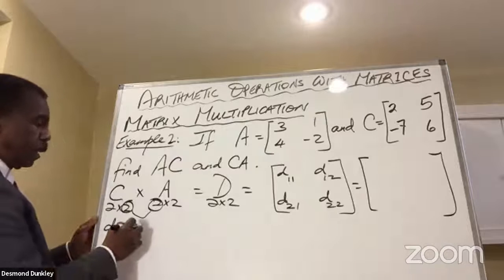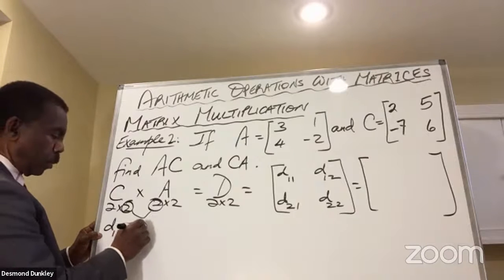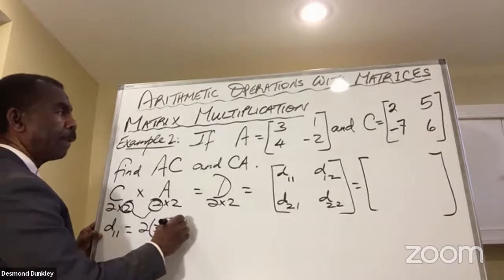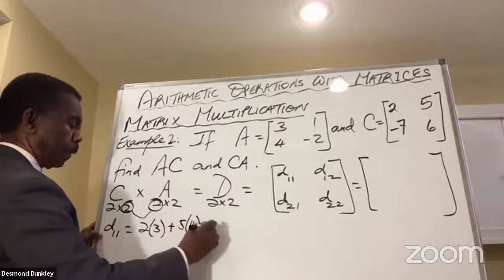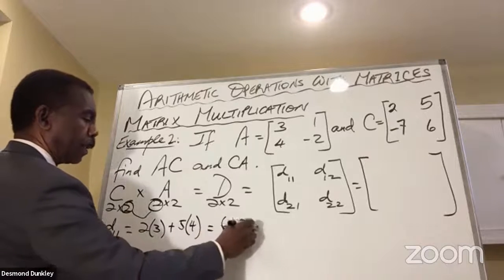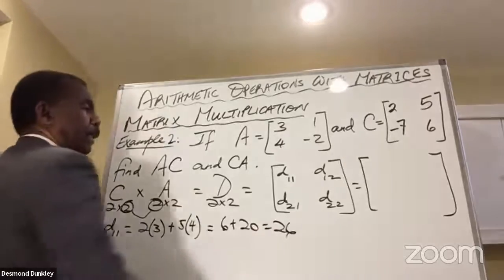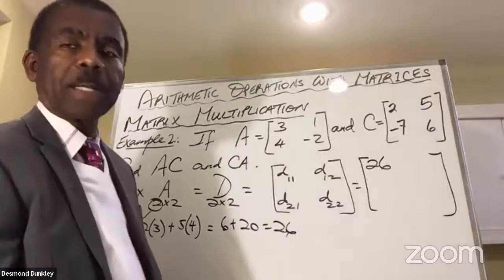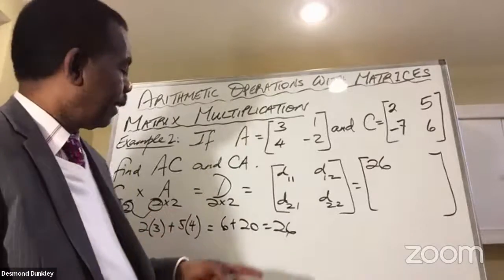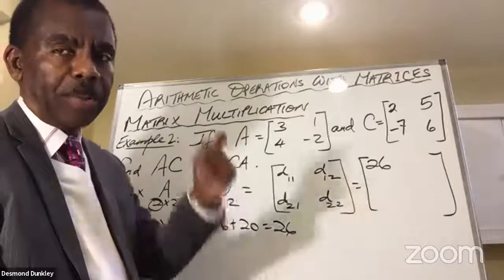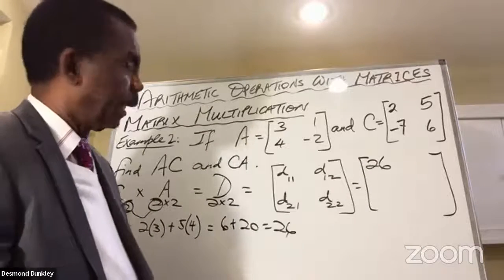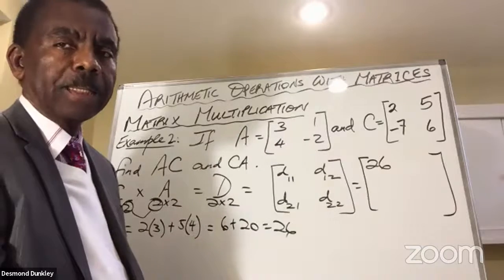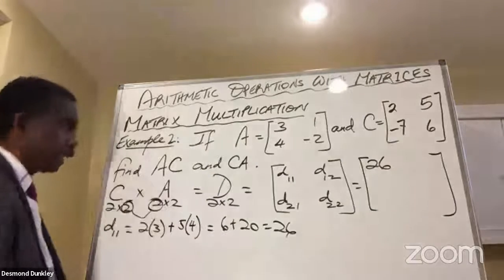So it's going to be 2 times 3 plus 5 times 4, equal to 6 plus 20, equal to 26. From the very beginning, we have a different number because before we had negative 1, now we have 26. So right away we are off to a difference immediately. 2 times 3 is 6. 5 times 4 is 20. 6 plus 20, 26.